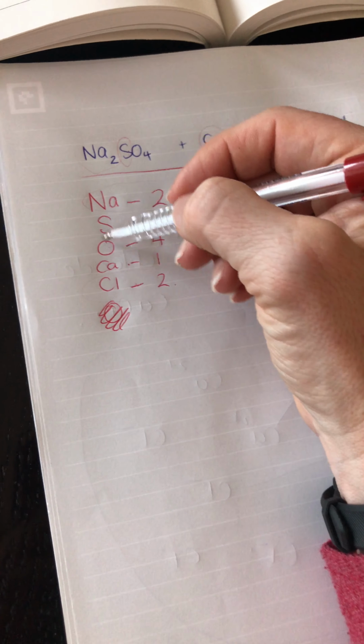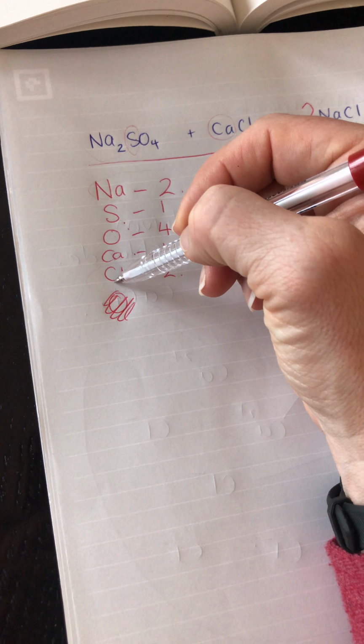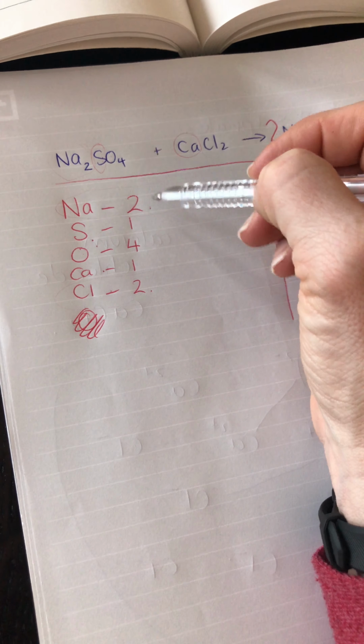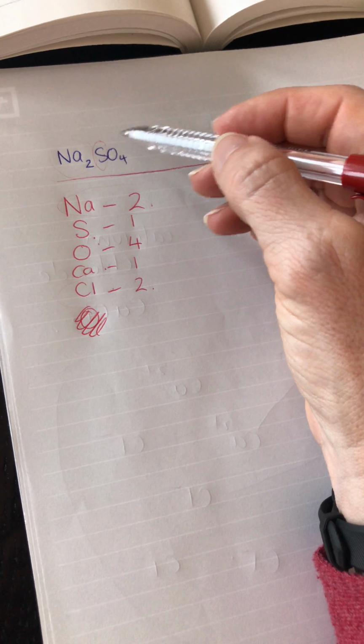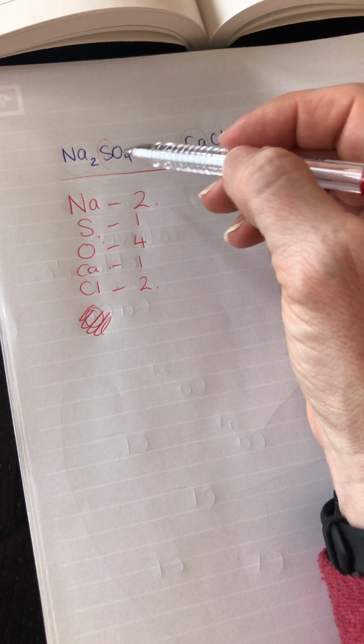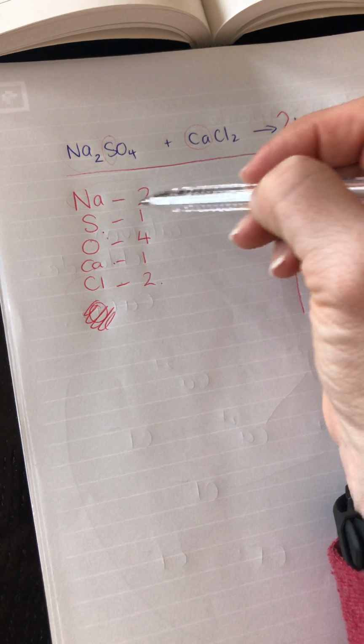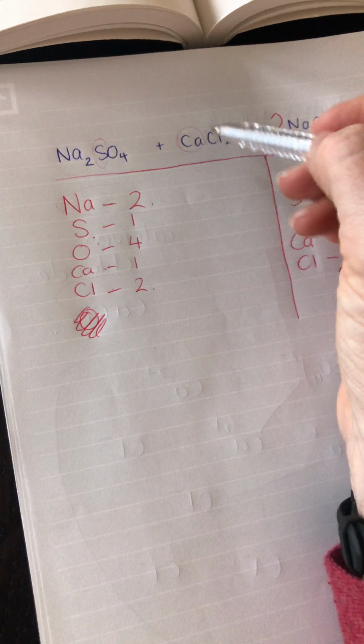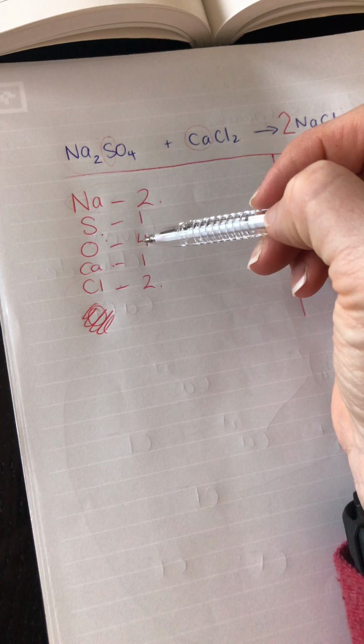So check that you've only written each element once, and if it features more than once in your 2 compounds, then make sure you add up the total using everything that's there. So if oxygen was here and here, your total for oxygen would be the 4 that are there and any oxygens that are here. So it would obviously be more than 4.